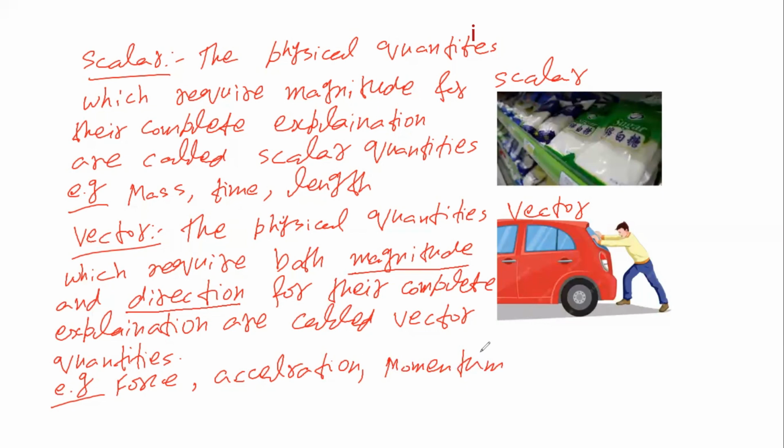Okay, now we explain how we can represent scalars and how we can represent vectors. Scalars can be written easily because they have only magnitude. For example, mass is a scalar quantity.